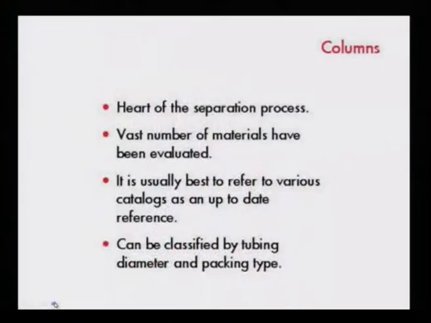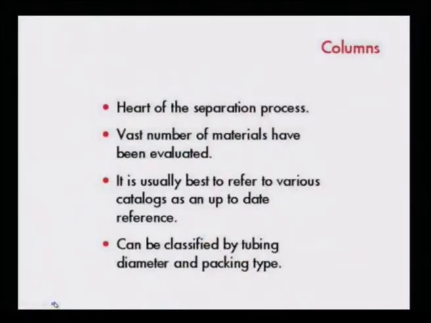Column, which is the heart of the separation process, because this is where the process actually takes place. A mixed analyte is converted into purified samples. A vast number of materials have been evaluated, and it is usually best to refer to various catalogs as an up to date reference, because now there are tailor-made columns for specific analysis.